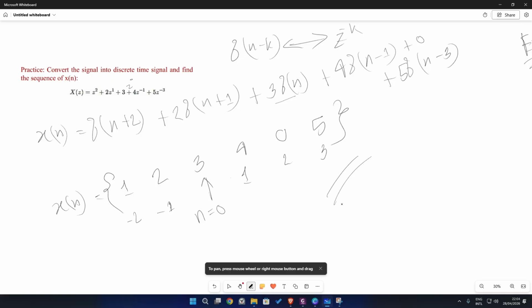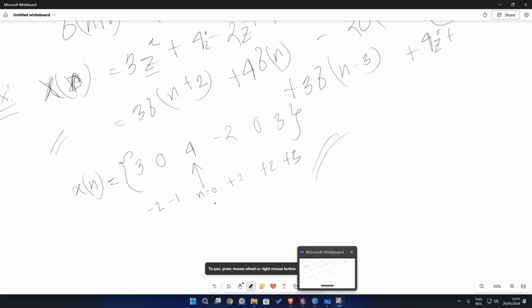So this is the answer of this inverse Z transform. For this problem, we have also written the sequence format by using the previous formula. Here n plus 2, so it will be minus 2, minus 1. We are seeing nothing like n plus 1, so there is a 0 we're considering. So at n equal to minus 1, that will be 0. And at n equal to 0, there will be 4 plus 1, minus 2 plus 2, 0, and so on.